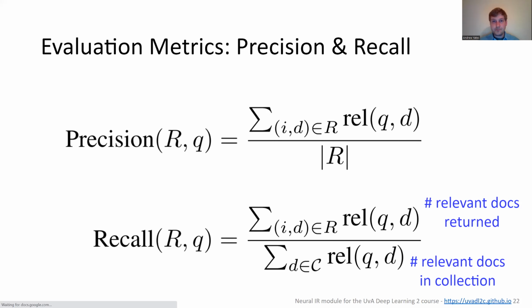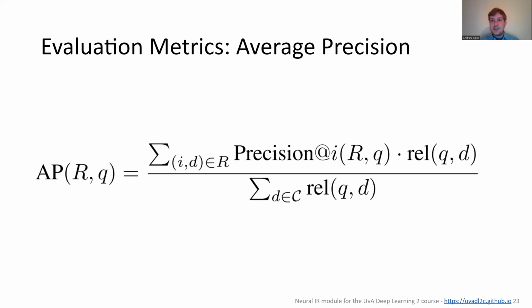Average precision is essentially the precision at K, or at i as written here, every time a relevant document is returned. The numerator is the sum of precision at K every time we see a relevant document. So if in position 2 we see a relevant document, we add 0.5 to the numerator: relevant document 1, documents returned 2, 1 over 2, 0.5.